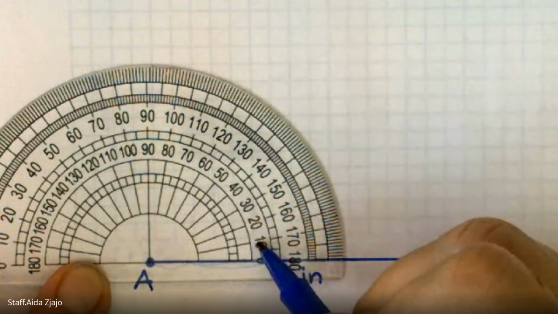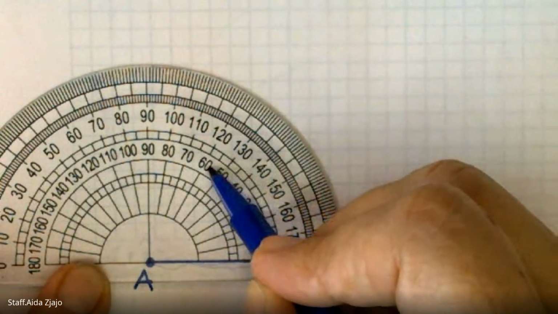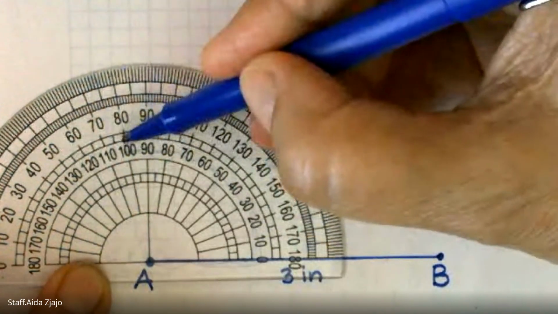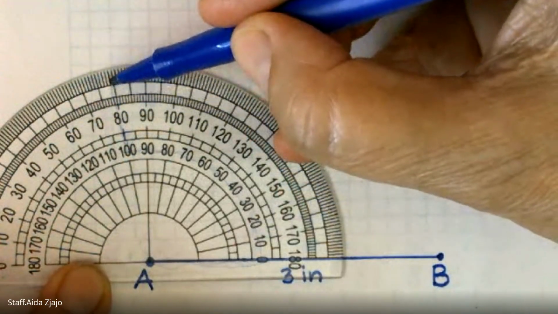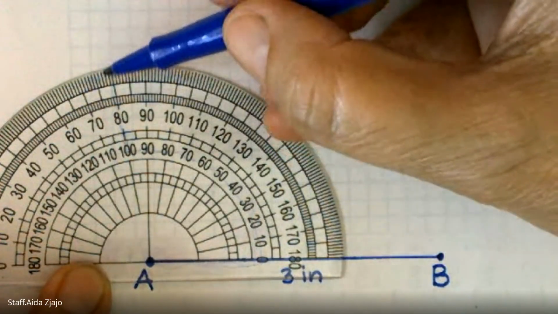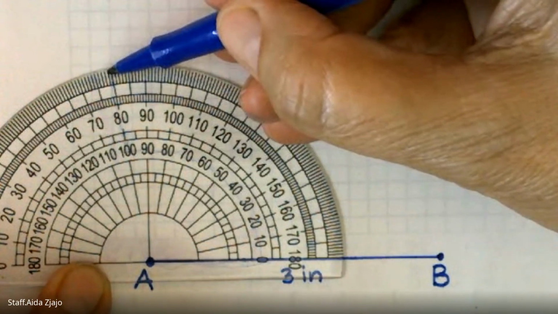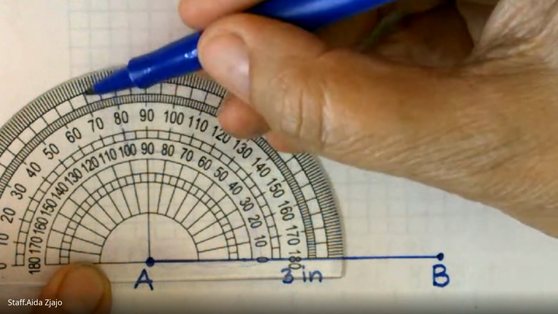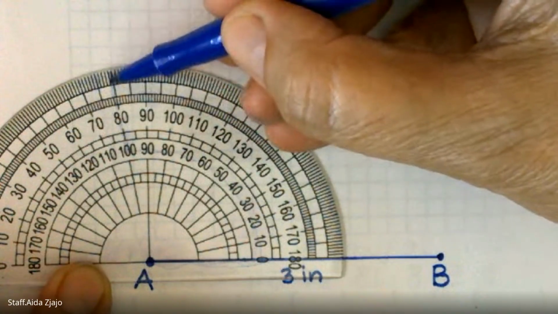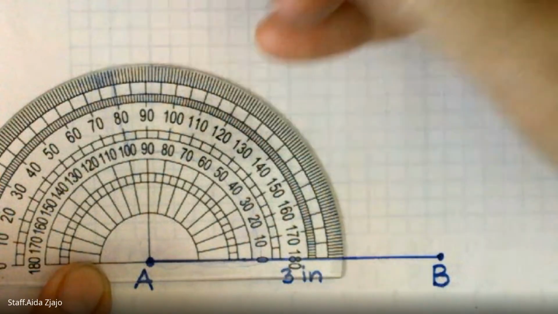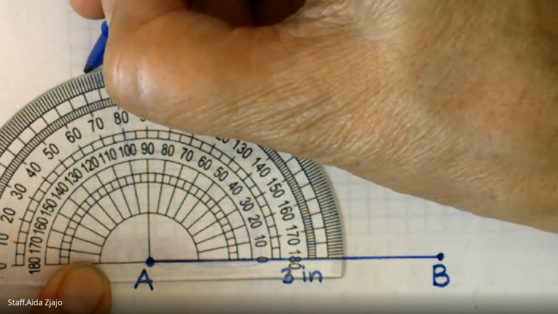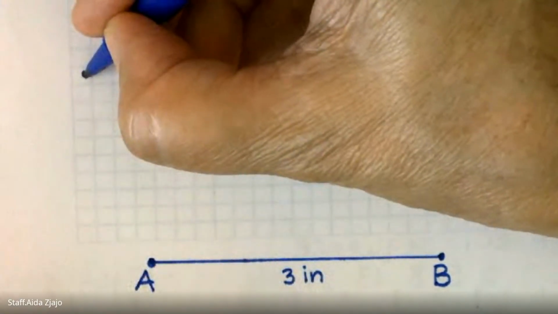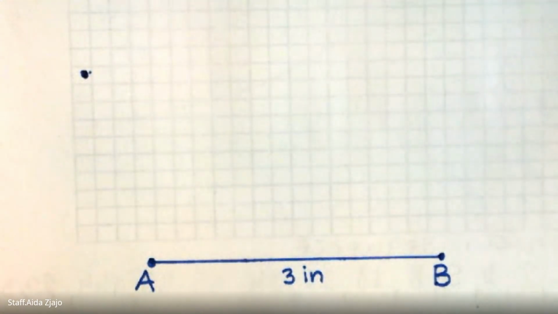I'm going to go 10, 20, 30, 40, 50, 60, 70, 80, 90, 100. Now I am at 100, but I need 108. So I'm going to look at the 1 degree marks. In between 100 and 110 is 105, like 101, 2, 3, 4, 5, and then 6, 7, 8. So right here is going to be 108 degrees.